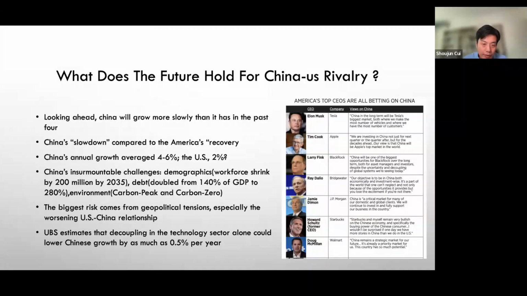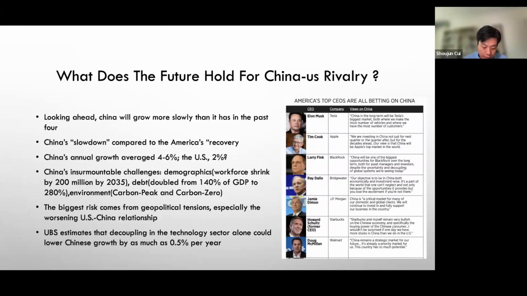It's very likely that in the coming decade, let's say the coming 5 years, China's annual growth may average from 4 to 6%. I think 5% is reasonable. In the meanwhile, according to U.S. economist forecasts, in the coming decade the average GDP growth rate of the U.S. is 1.8%.